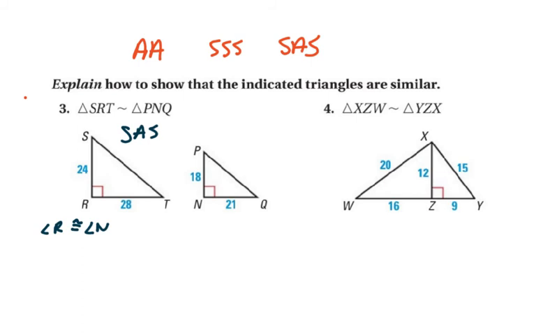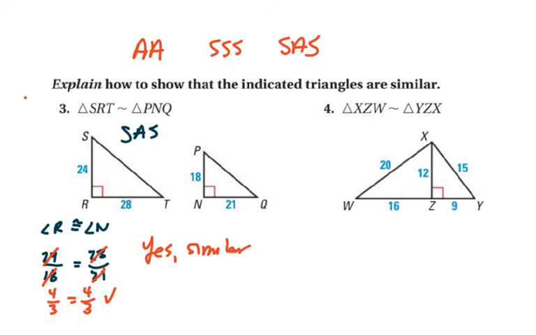And then we're going to check the sides. 24 matches 18. 28 matches 21. Do they divide? We divide by 6. We get 4/3. We divide by 7. We get 4/3. Check. Yes.